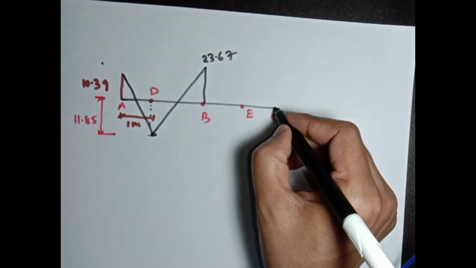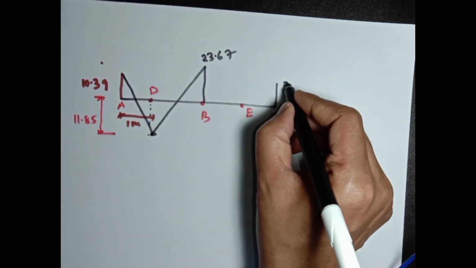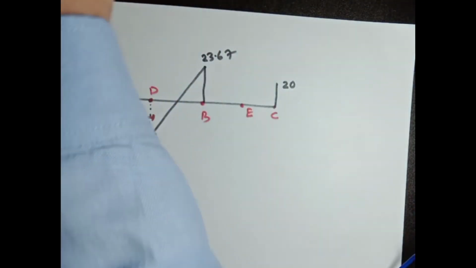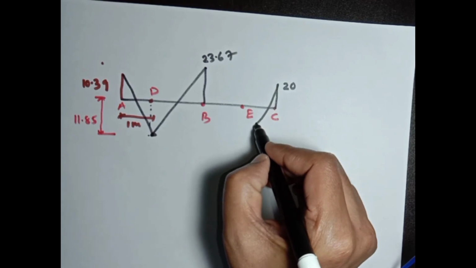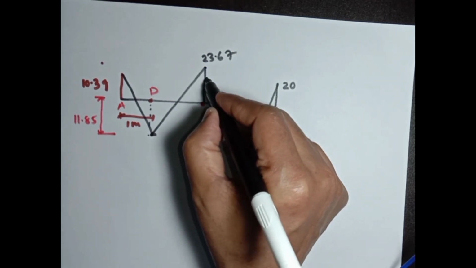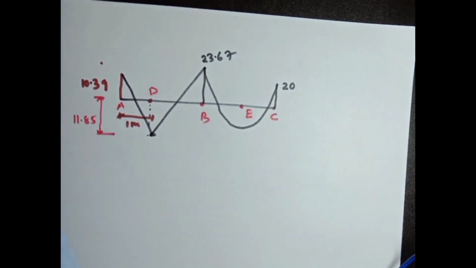So we will draw a fixed end moment of 20 kilonewton meter, and we will draw a parabolic curve here. This is the bending moment diagram.